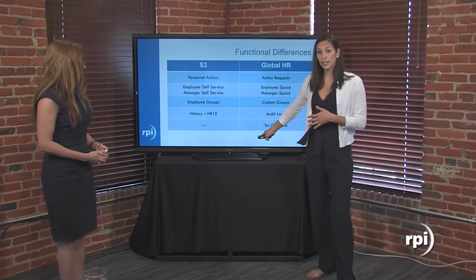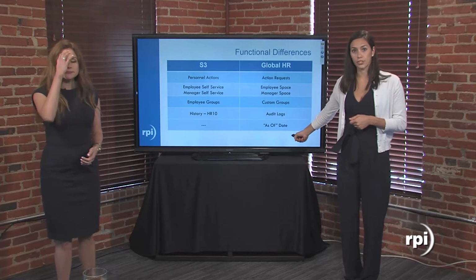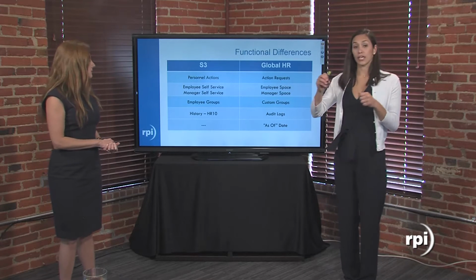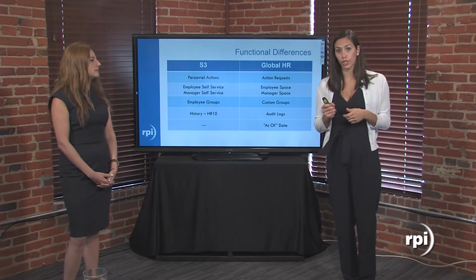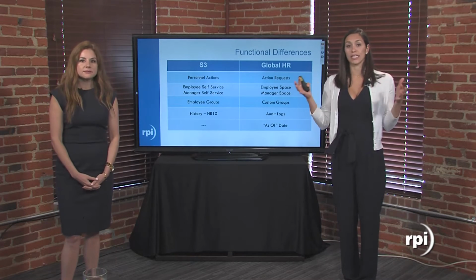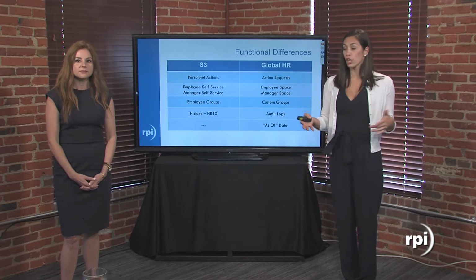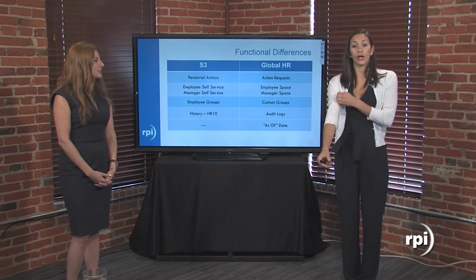And then the as of date. Nothing like this existed in S3, but in Global HR, there's this awesome feature called as of date, where you can set the system to a certain date either in the past or in the future, and you can get a snapshot of what your system, your employees, your whole organization will look like at that date. A great example that Melissa used when we gave this presentation a couple days ago is for health systems.